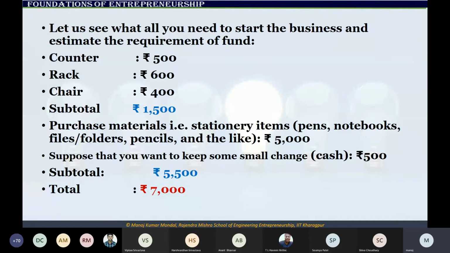What are accounts receivable? When you sell something, just imagine that you are running this stationery shop in your hostel. Now suppose some customer comes, maybe he's a student, and he purchases a pen for say 20 rupees. Now he says, oh my God, I forgot my purse.